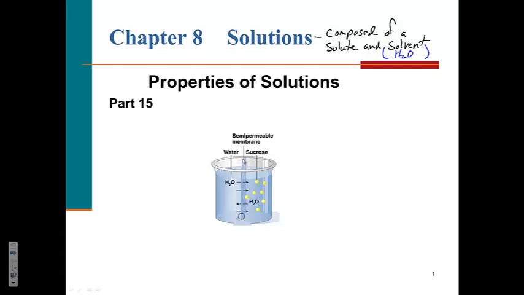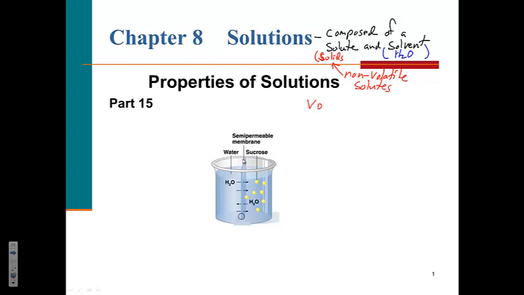The solutes we'll be talking about are solids, and what we refer to as non-volatile solutes.